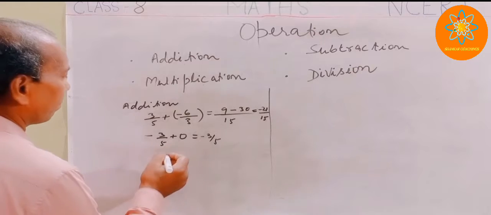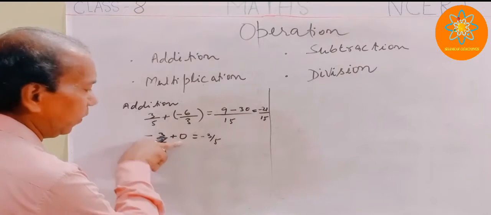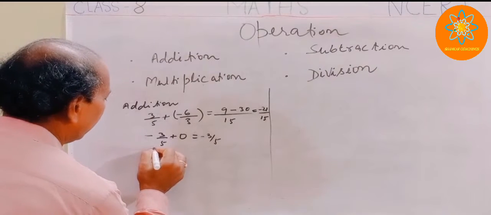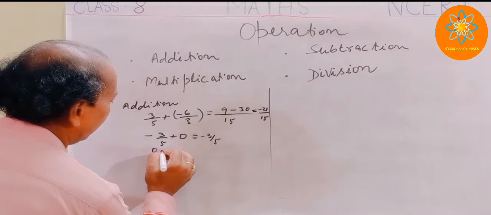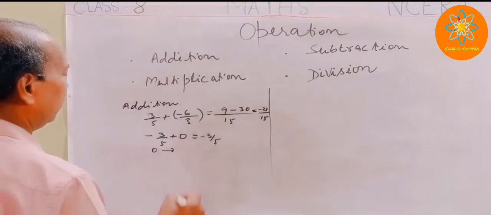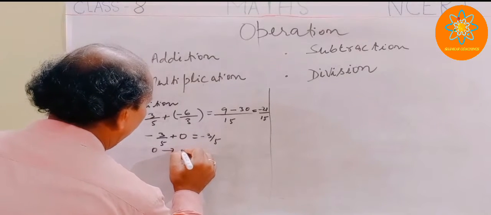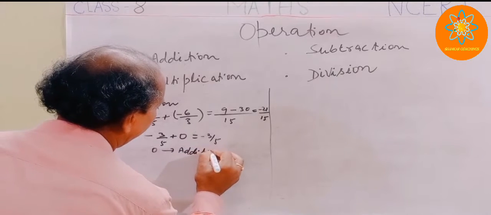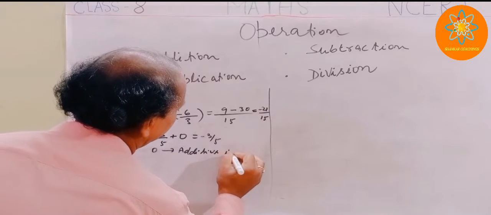So when I add 0, I get the same rational number. That is, 0 is the additive identity.